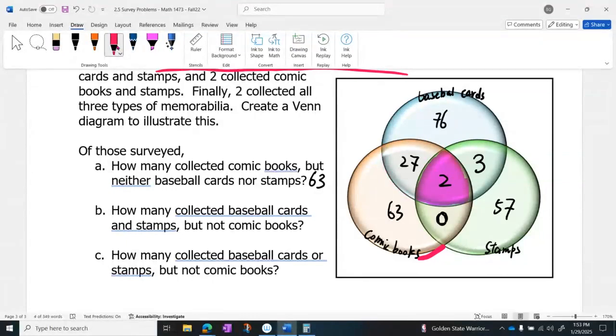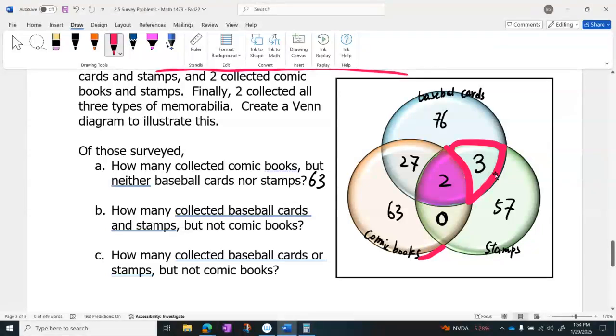I'm going to highlight the region. Collected baseball cards and stamps, right? So the common region of this circle and this circle, but not comic books.